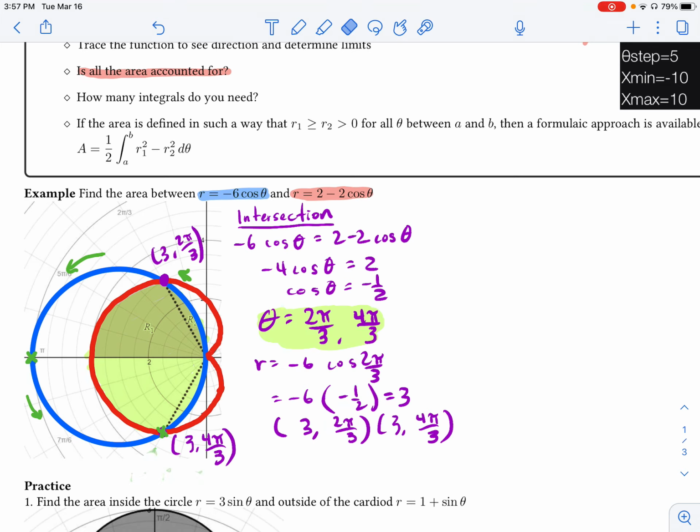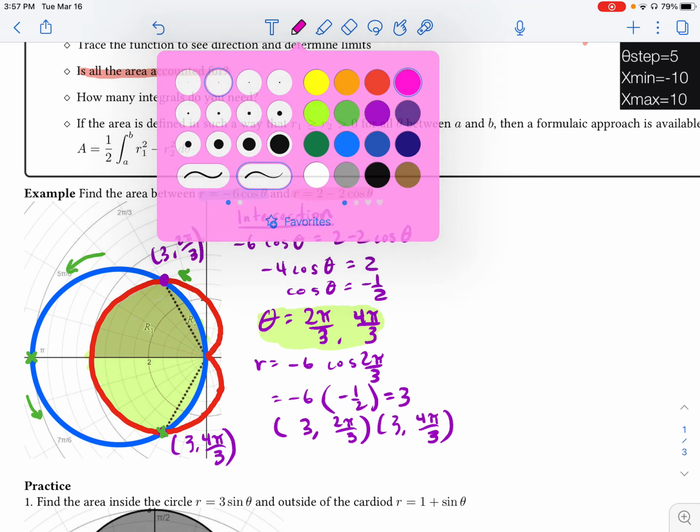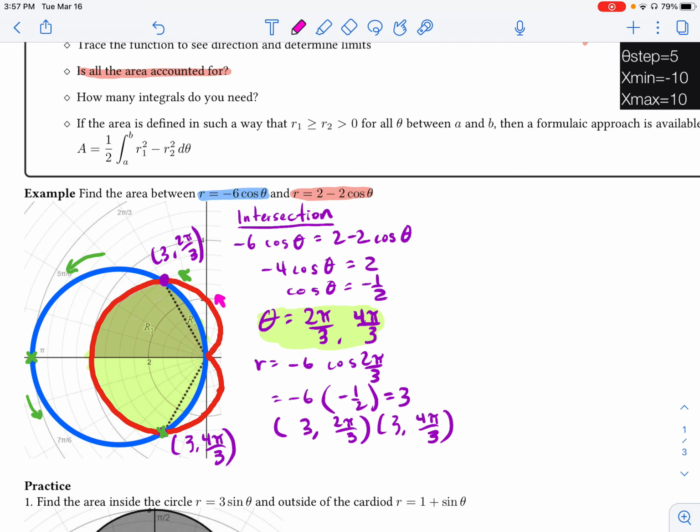Now, if you want to see those points of intersection on your other graph, go ahead and hit the up arrow key and trace along this polar function. If you hit the up arrow key on your calculator, you'll switch over to the cardioid. Here you can see, and I'll do this in a different color, we're moving along the cardioid, around there, okay?